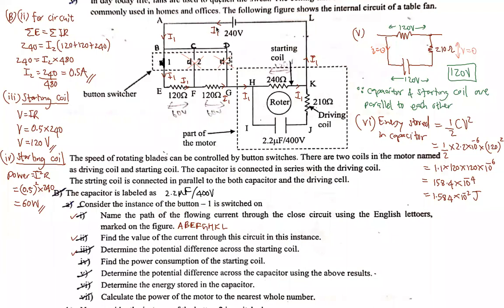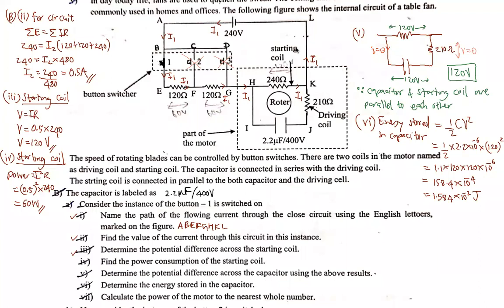So we know the energy stored in the capacitor. Calculate the power of the motor to the nearest whole number. They are asking for the power of the motor, part of the motor. The entire thing is part of the motor.